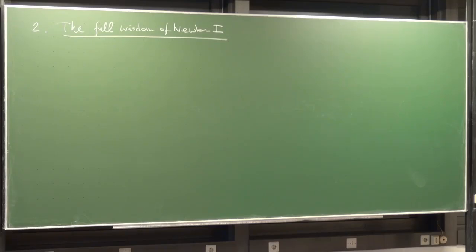And what Laplace asked: can we find a curvature of space such that particles move along straight lines? He didn't read Newton 1 properly. Newton 1 talks about a straight line, but it talks about uniform motion along a straight line, not just motion along a straight line. Okay?